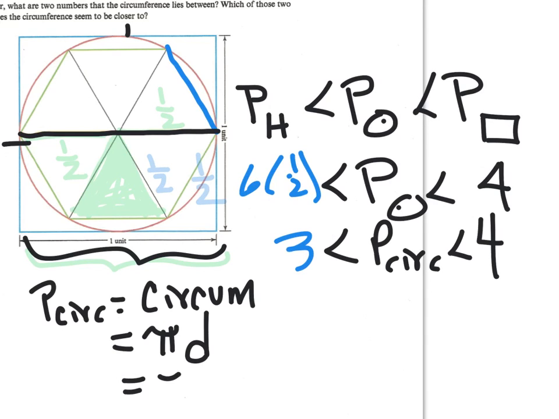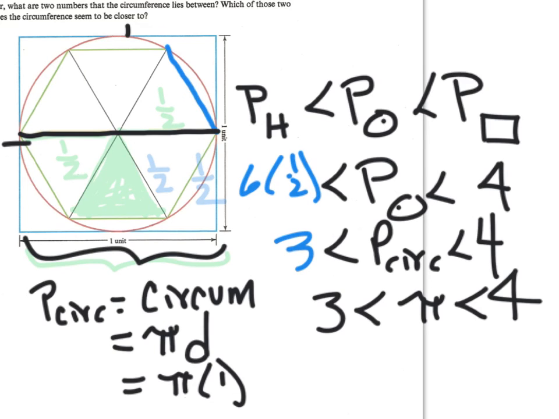So this is pi times 1, which is pi. That means 3 is less than pi, which is less than 4. So pi lies between 3 and 4. And so you can approximate the value of pi by looking at these embedded or circumscribed figures.